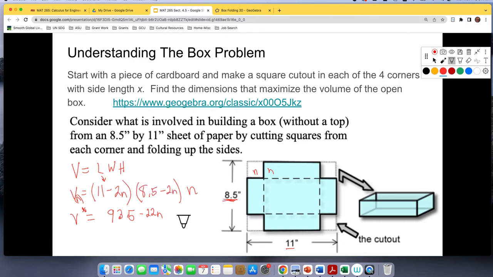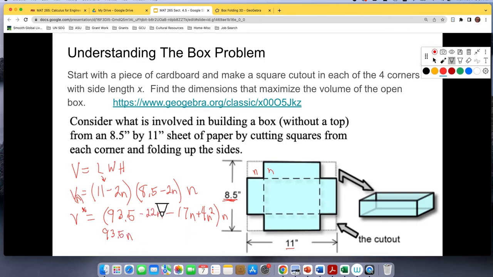Negative 2 times 8.5 will give us negative 17n. And then negative 2n times negative 2n makes it positive 4n squared. And then we've still got this n out here. So once we got it set up, we haven't done any calculus yet, but getting it set up. So then I distribute through, it's going to give me 93.5n.